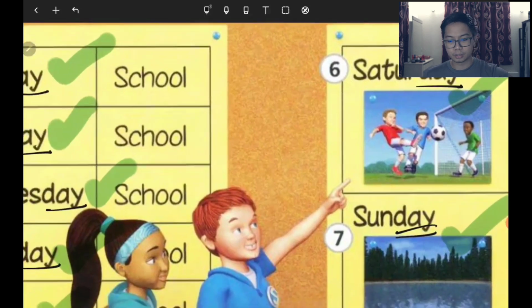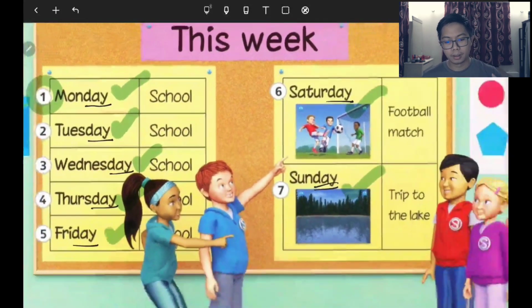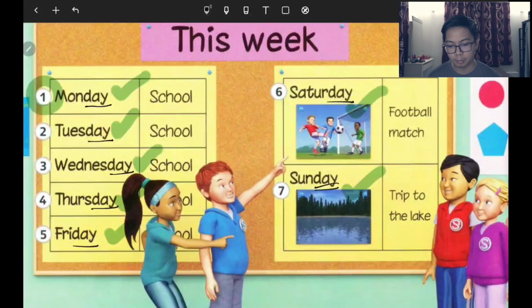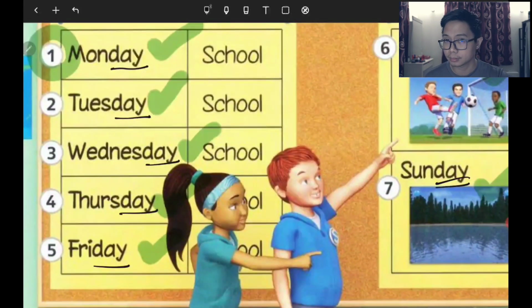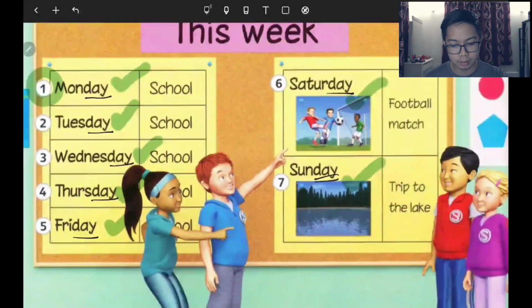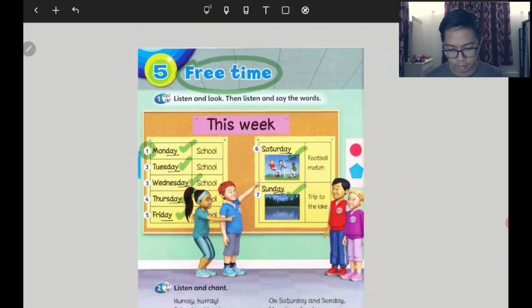D-A-Y. So I hope you can understand and memorize the spelling very well, so you don't miss any marks, because if you have wrong spelling, no marks, or maybe deduction of marks.